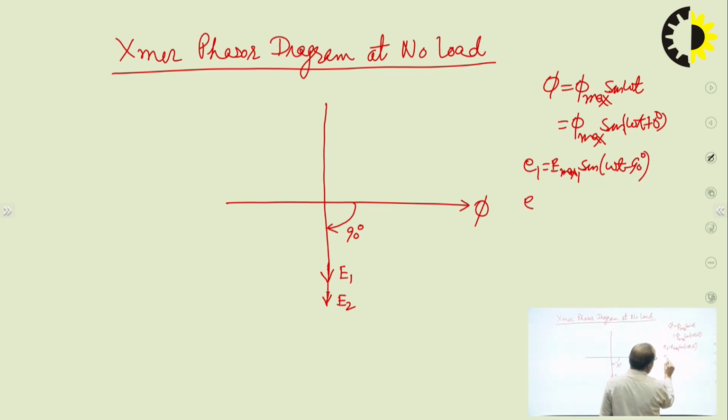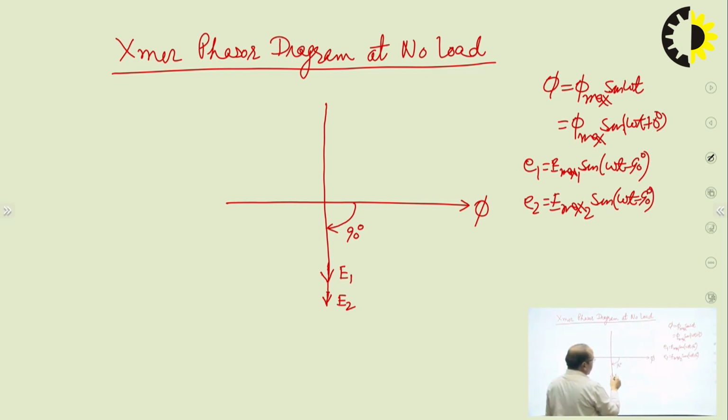Similarly, E2 is given by E max 2 sine omega t minus 90 degree. So that's why induced EMFs E1 and E2 are lagging by 90 degrees from flux.